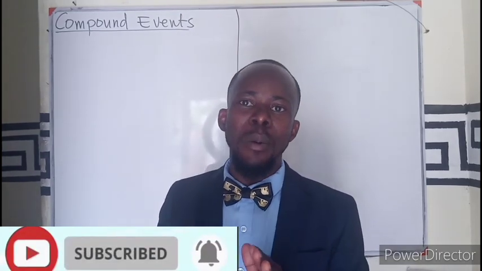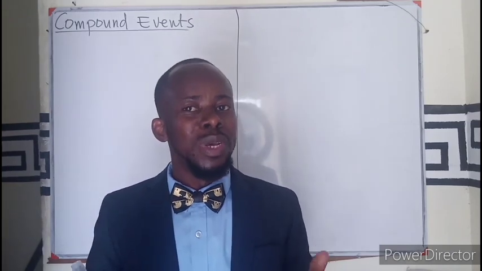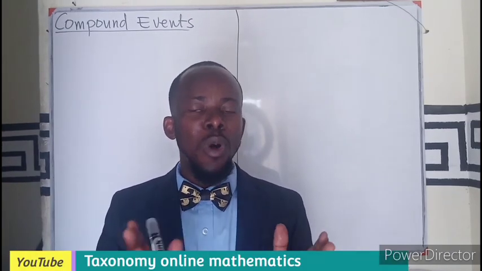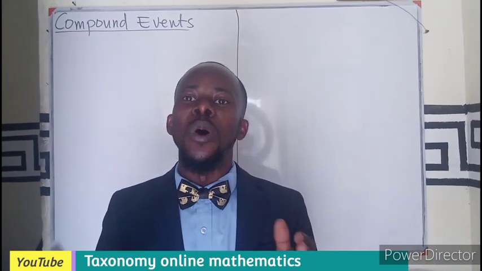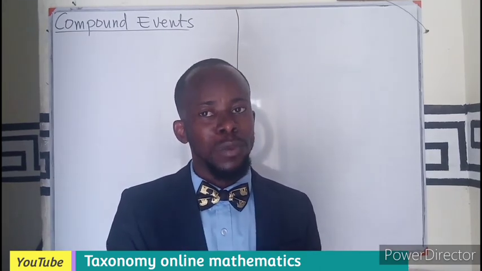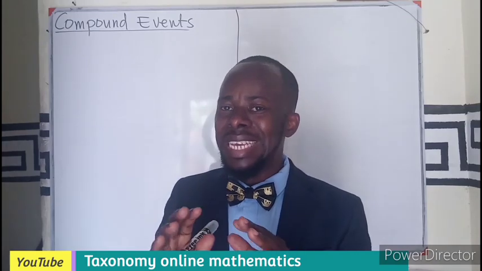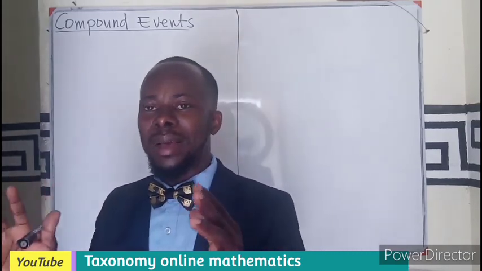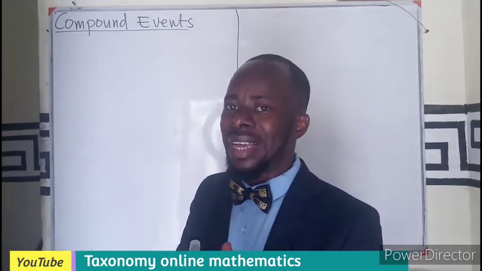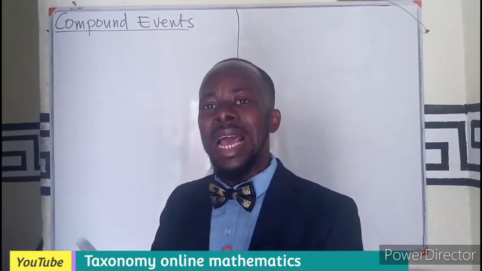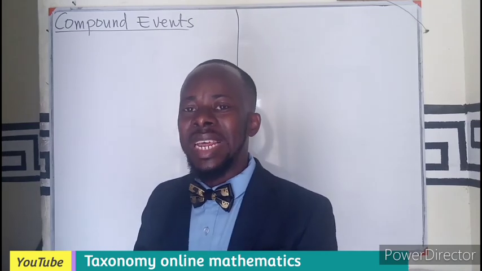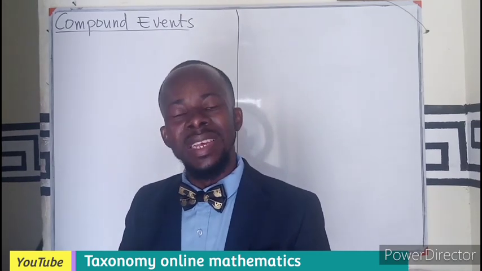Now, under compound event, simply put, it is a combination of two or more events, whether they can occur together or may not occur together. So, combine. But in this, we are going to marry them with various terms, such as mutually exclusive, independent event, and dependent event.